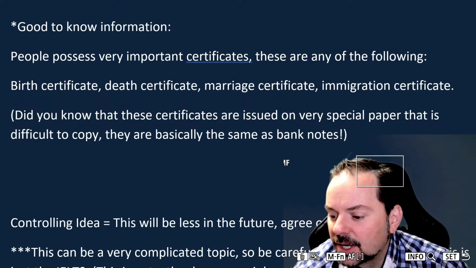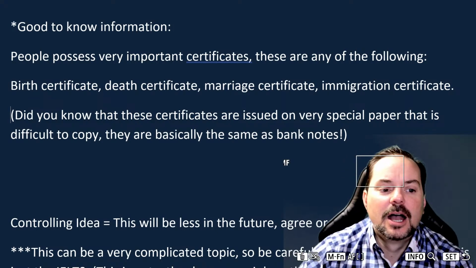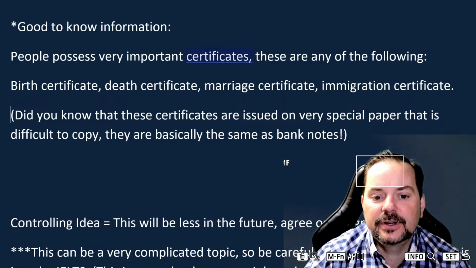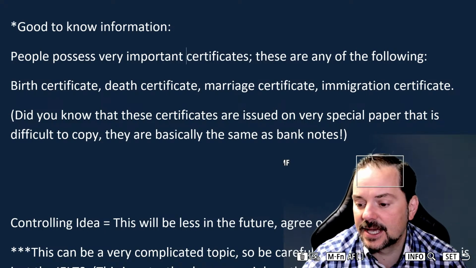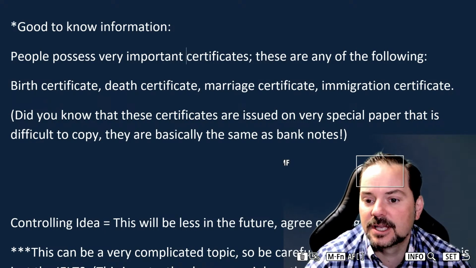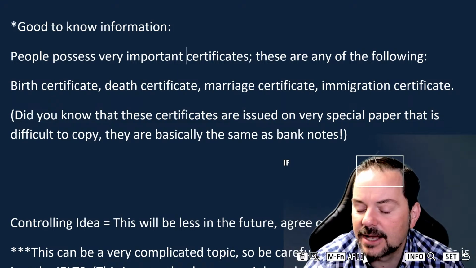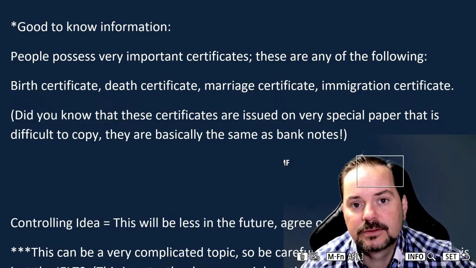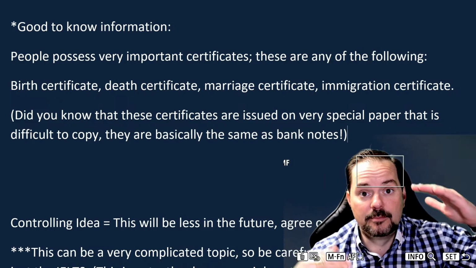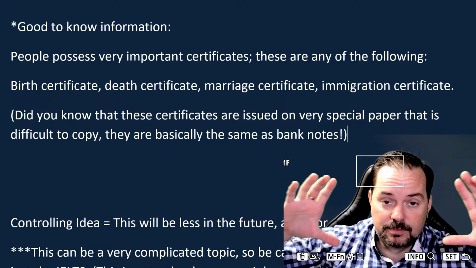All right, so we're going to get into a little bit of fun learning here for everybody. You possess some very important certificates. These are birth certificates, death certificates, marriage certificates, immigration certificates. Ghazi says 2 kids were born here. Yeah, so Ghazi, I'm sure you know, just like mine, when you look at those birth certificates of your kids, it looks like a big $100 bill. It's put on a very special paper.